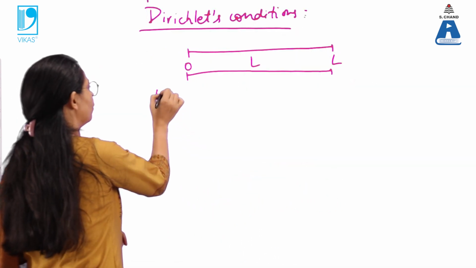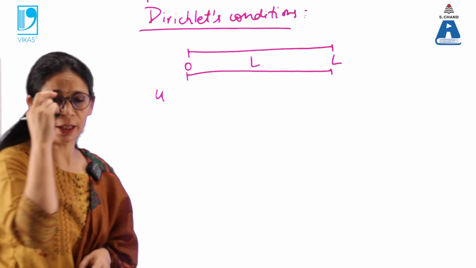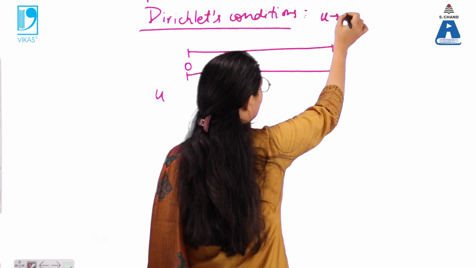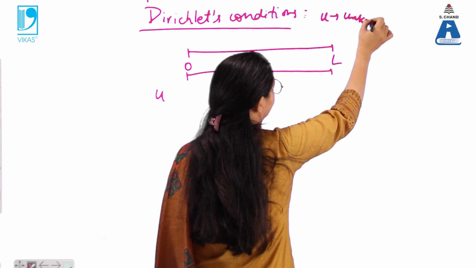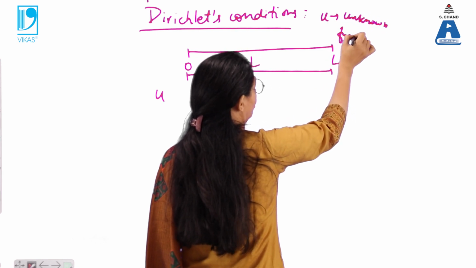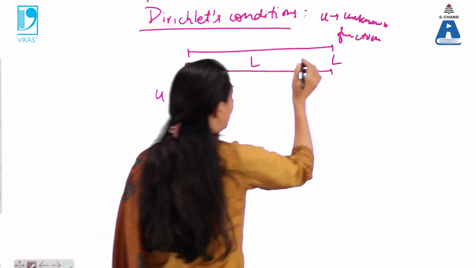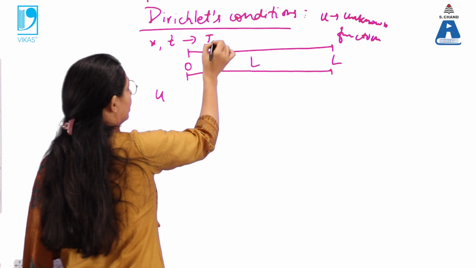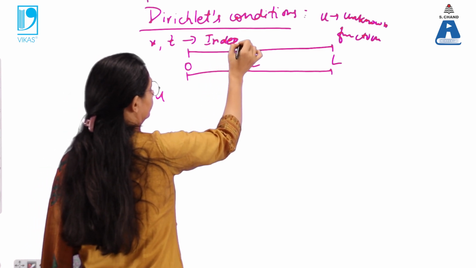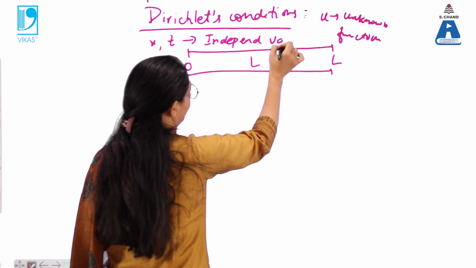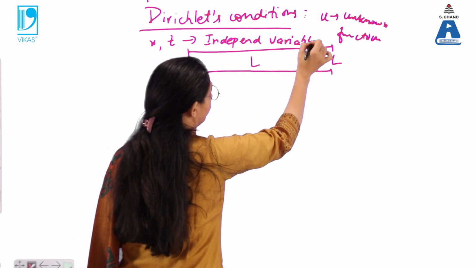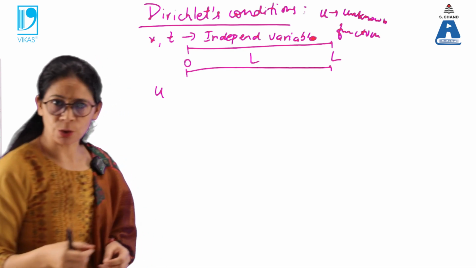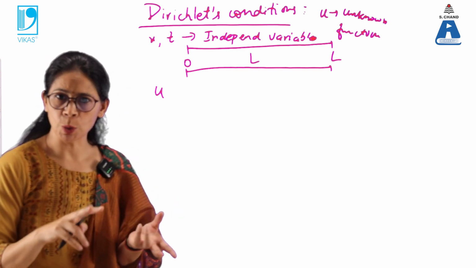Now here we are taking u as the unknown function, and x and t are the two independent variables. Because if we are moving this string, then it depends on two variables.